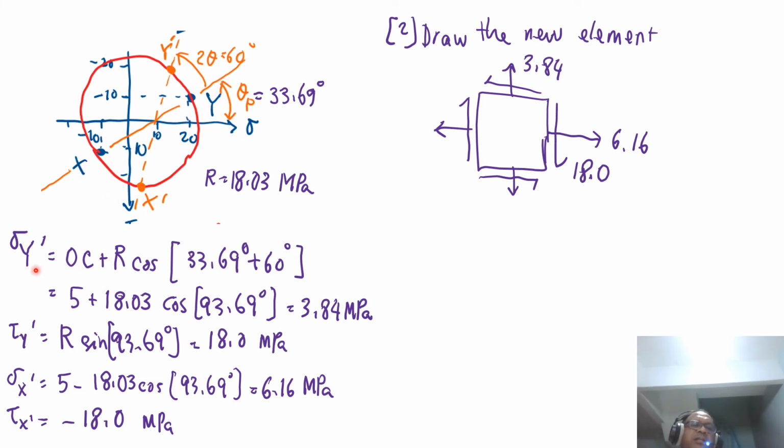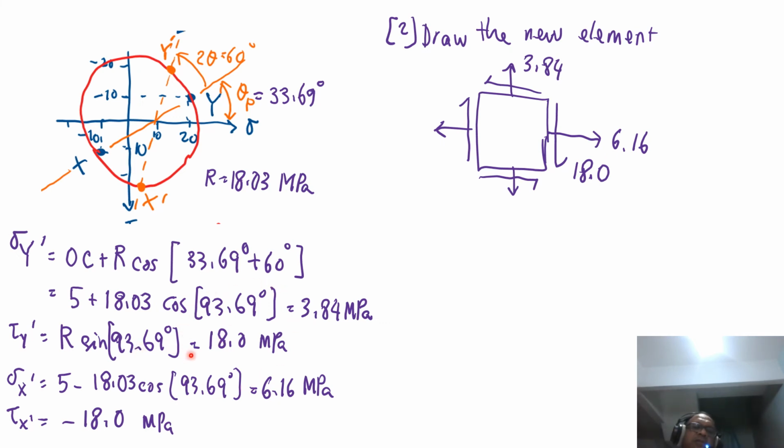So the new y dash has got two components, the sigma and the tau. So sigma y dash is OC plus R cos 93.69. So 5, and the R has been calculated as 18.03. We will get 3.84 megapascal. And you know your shear stress tau y dash is R sine 93.69 degrees.